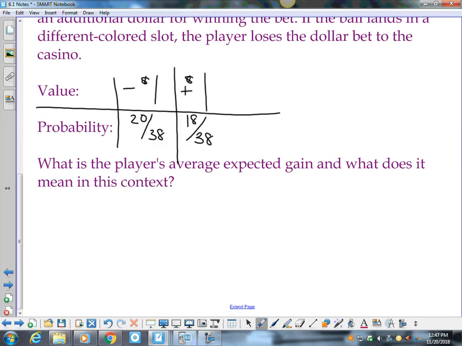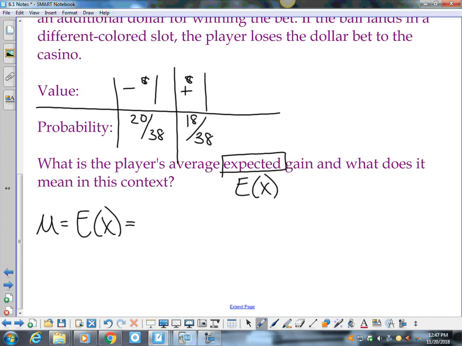What is the player's average expected gain? Guys, when you see that word expected, you're thinking E of X. And E of X is the same thing as mu. You need to know that mu and E of X are the same thing.